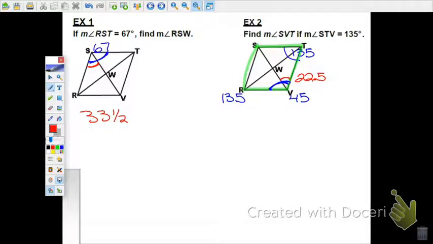Our angle WVT doesn't look like it is half of angle RVT. But based on what we know, that's what we use. So that's what we mean about not being able to go by what the picture looks like. We can't look at its scale.